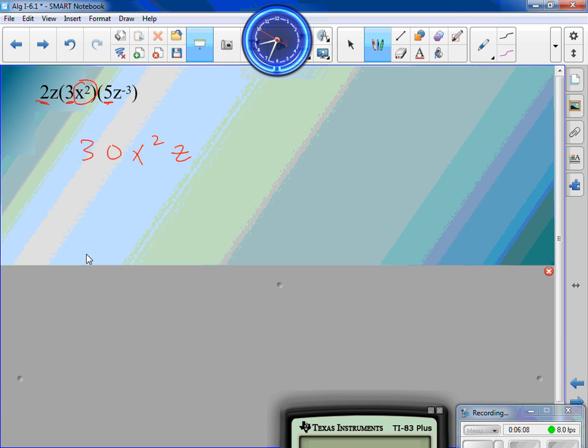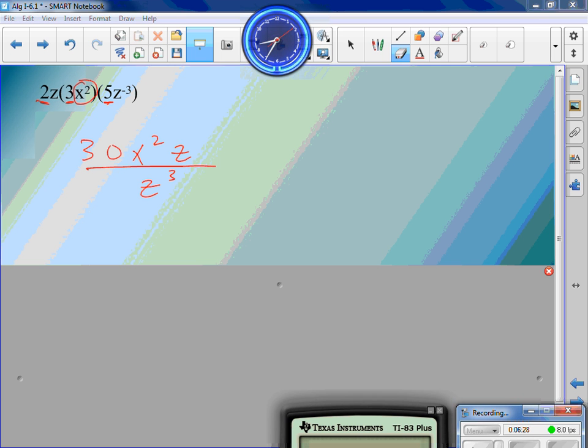What is a negative 3 being? I don't subtract 3. Where does it belong? If it's on the top, it belongs on the bottom. The negative exponent means it belongs on the opposite side.